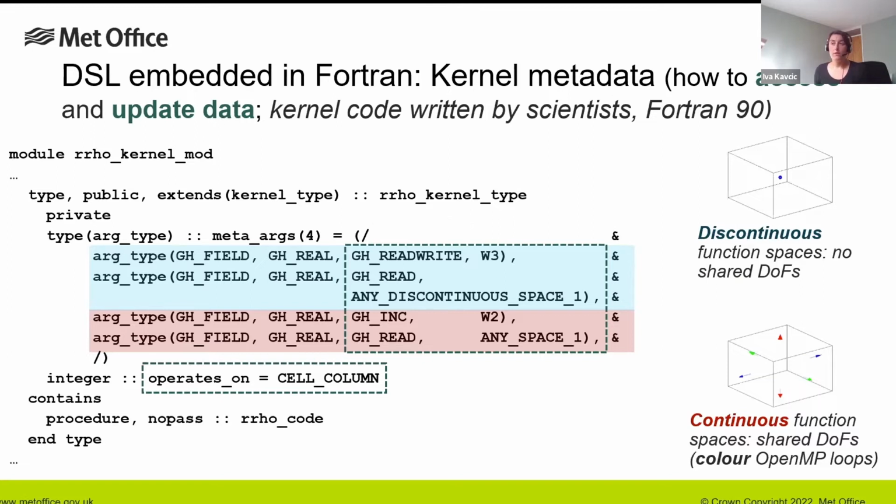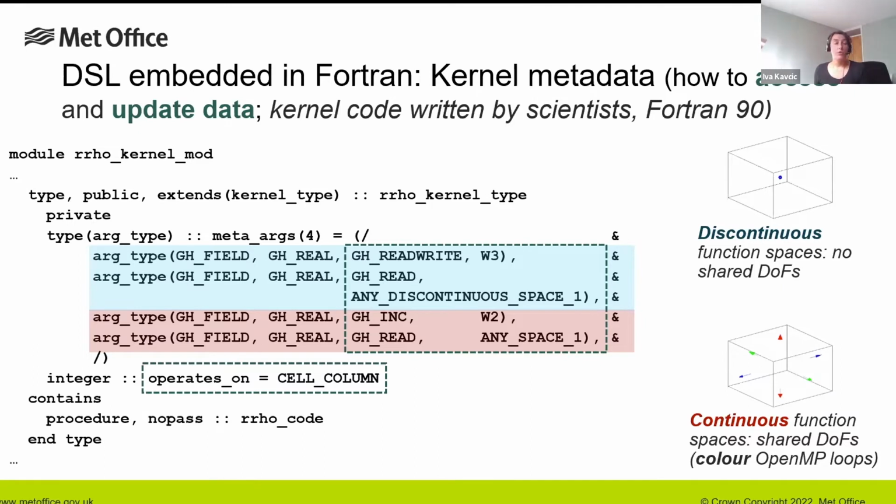For instance, these are the fields. What data type is it working on? And most importantly are these two last metadata in this archetype, which is the access, that is whether a field needs to be updated or just read from.